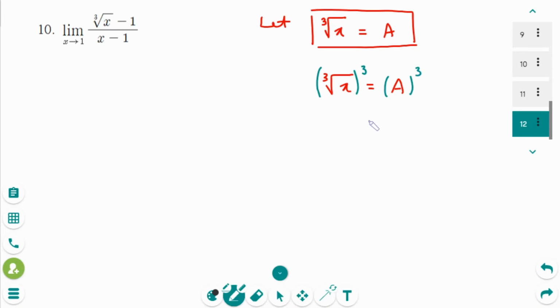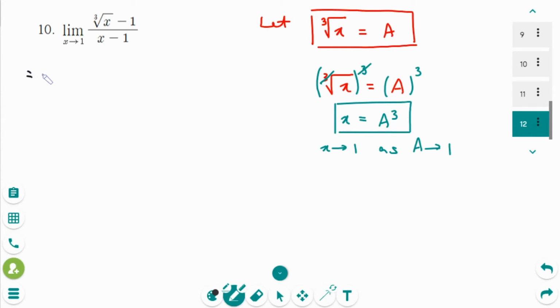So that one is x equals a cubed. And change the limit: as x approaches 1, it is the same as when x is 1, a is also 1. So a approaches 1.